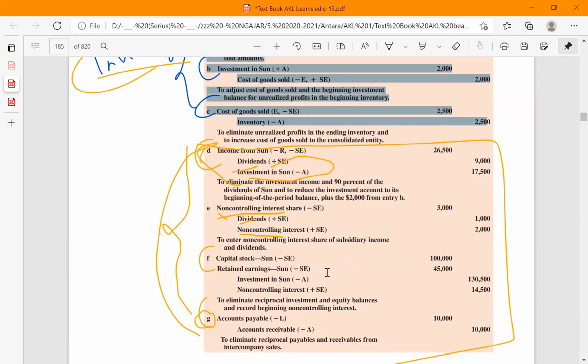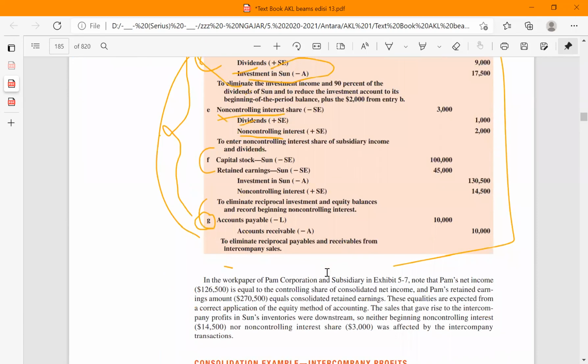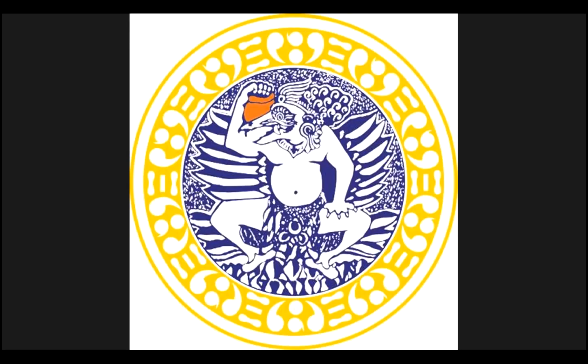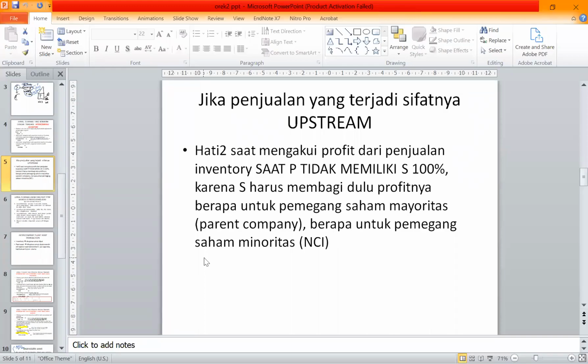And please keep in mind that what we've been talking about until this point is that the assumption of the type of transaction is still downstream. Okay, so now before you learn how to compute investment in S and income from S related to the intercompany inventory transaction, I need to explain first about the upstream sales.